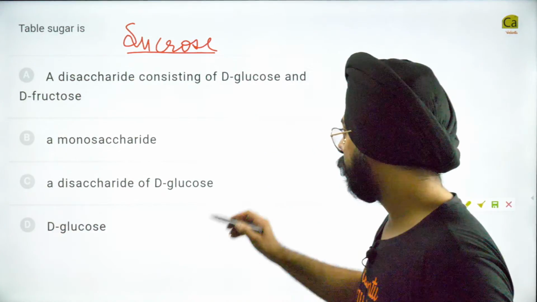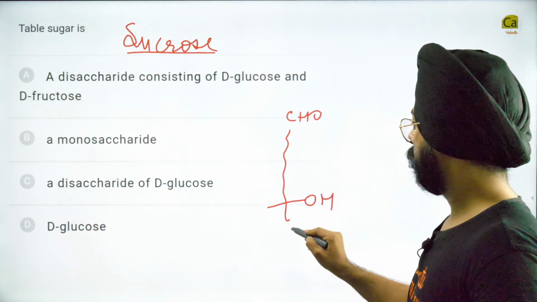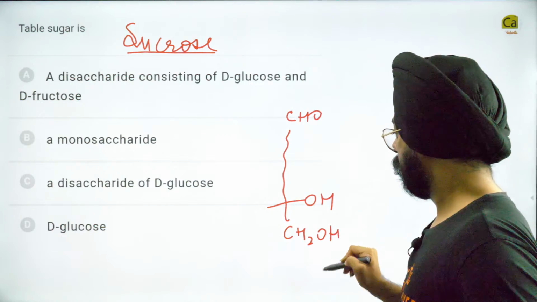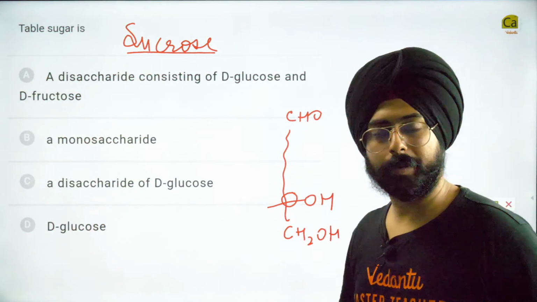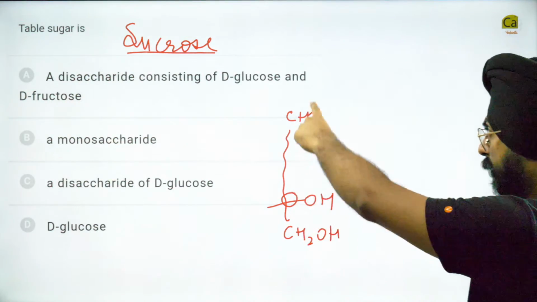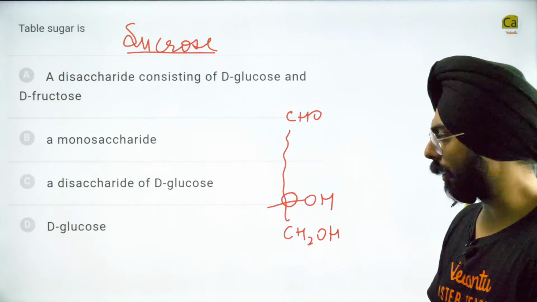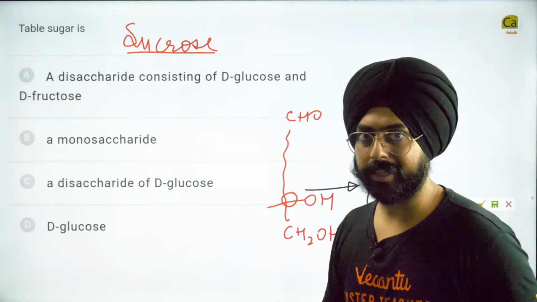If you have a sugar, this is the first carbon that is optically active starting from the bottom. So on the first optically active carbon, this is how you write the sugar. If this is on the right hand side, this is a D sugar. If this OH was on the left hand side, that will be an L sugar.